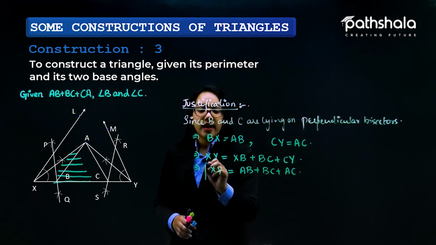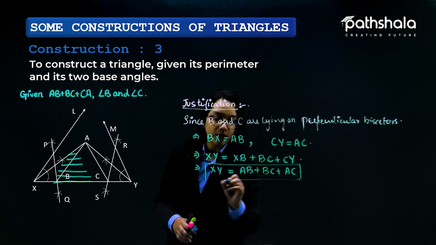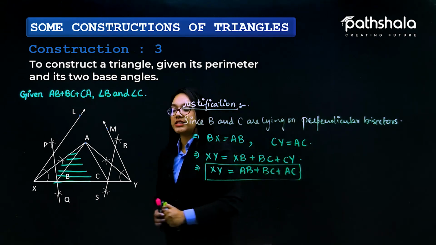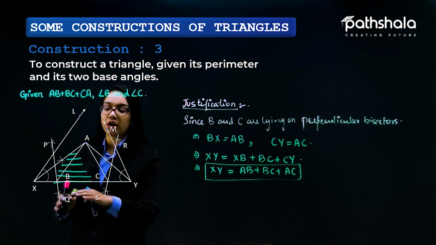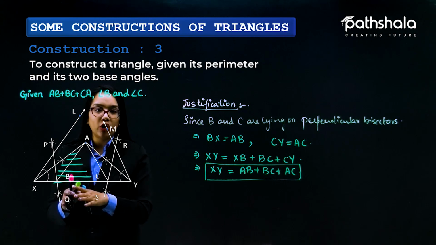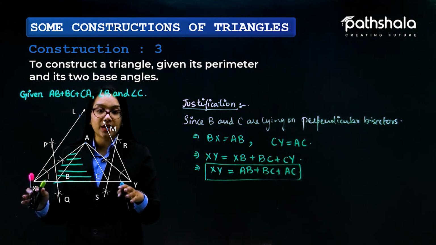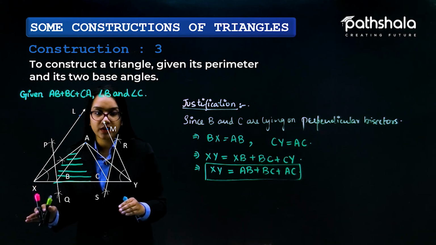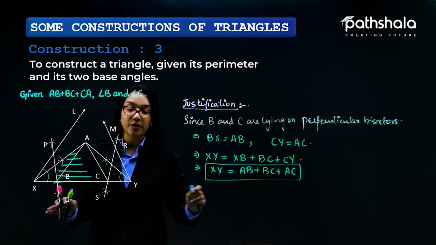So hence at the end, XY is equal to AB plus BC plus AC. This is the justification for why we have taken XY as the perimeter of the triangle, which is AB plus BC plus AC.